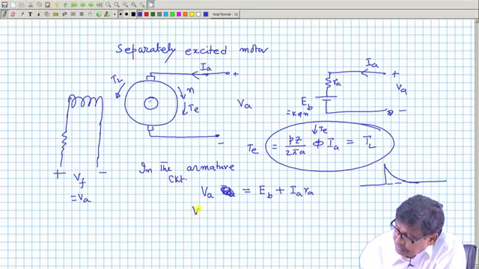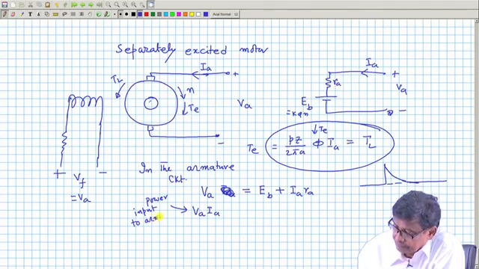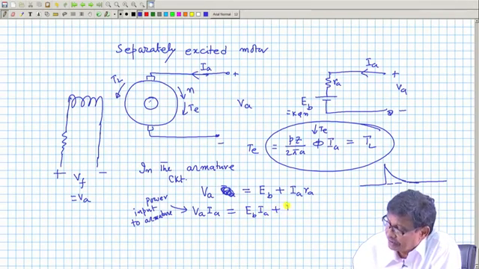Va into Ia is the power input to the armature, and that becomes equal to Eb Ia plus Ia square Ra. Very nice.